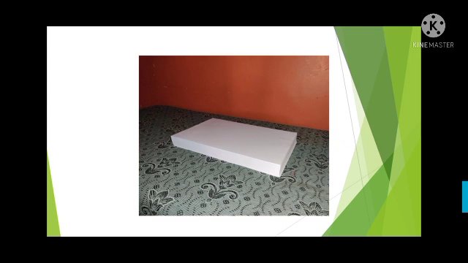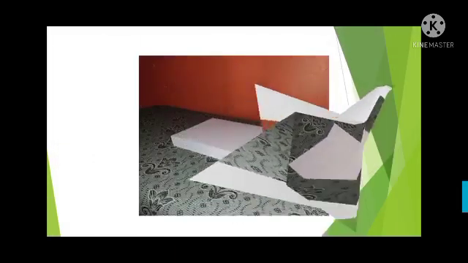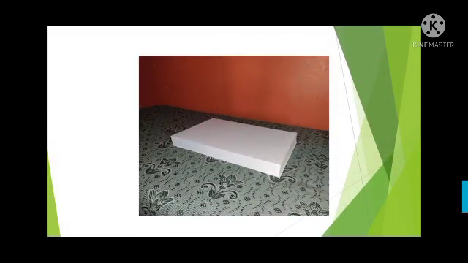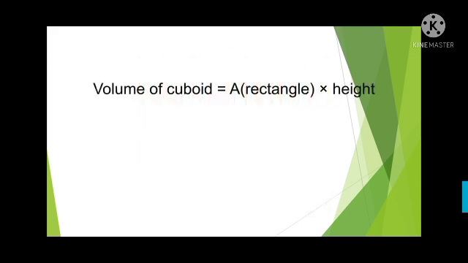What changes do you observe in this figure as compared to this figure? So only the height is changed, correct? So we have to multiply the height with the area of the rectangle.